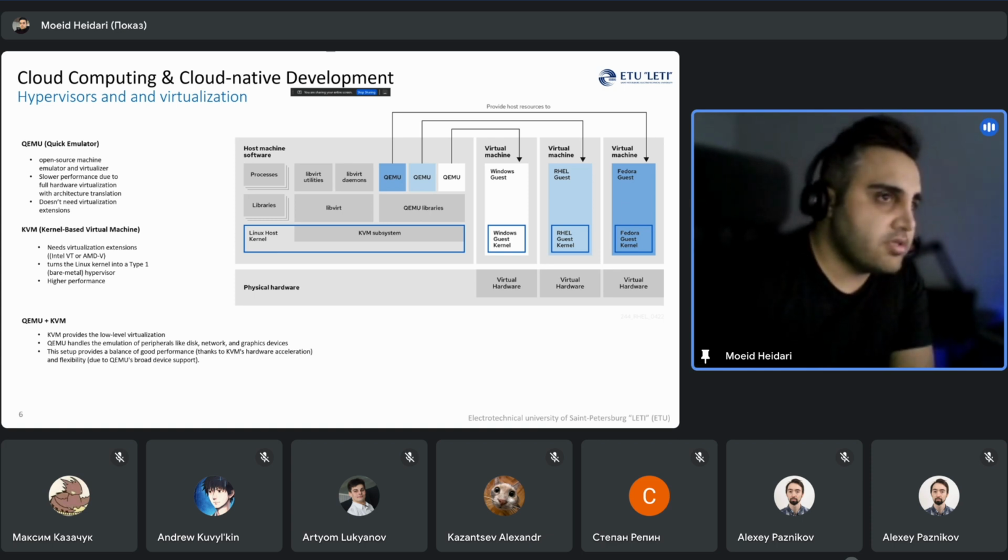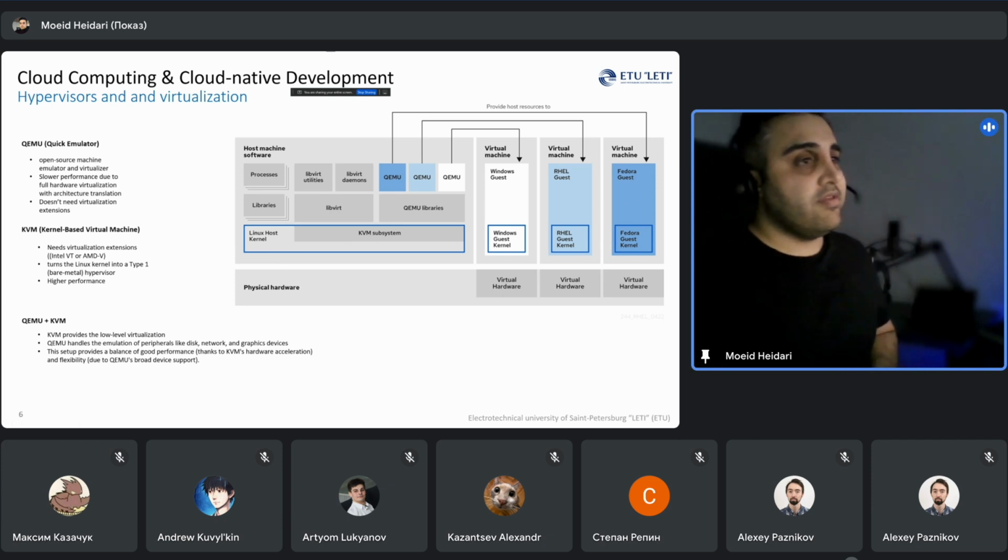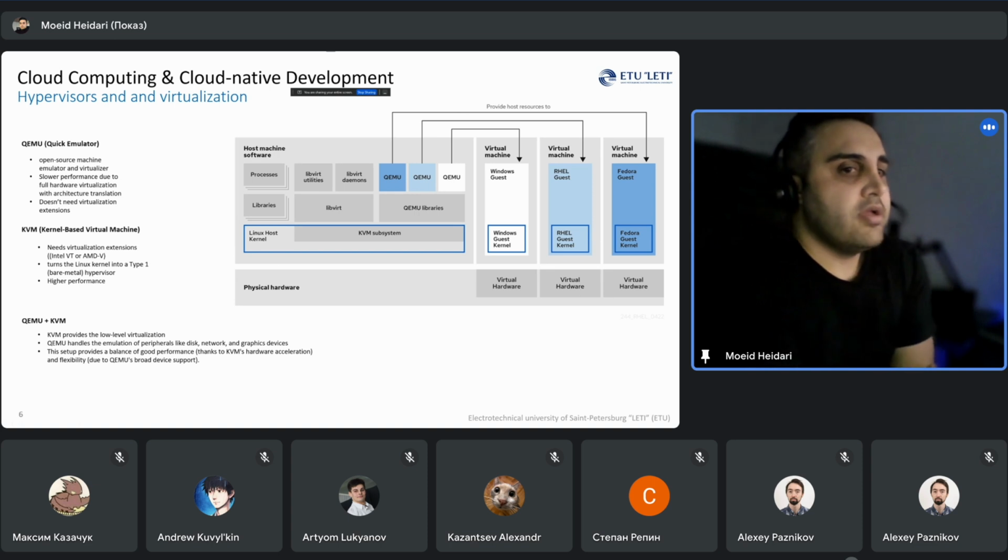So in this picture, as you can see, we have the physical hardware in the lowest level, and then we have the Linux host kernel. Inside the Linux host kernel, we have the KVM subsystem, which is responsible for that. So whenever you install a Linux kernel system, then by default you would have this KVM.